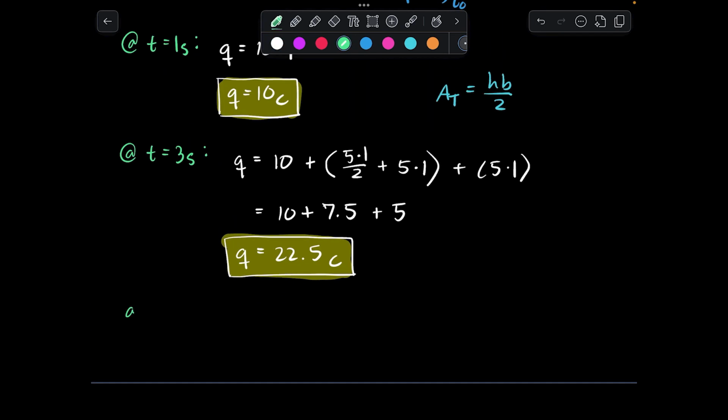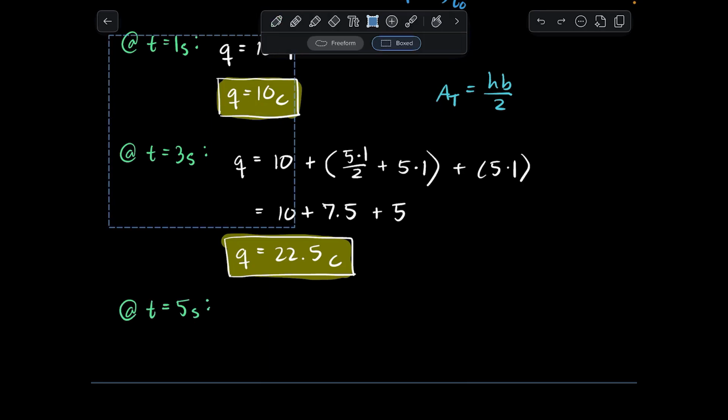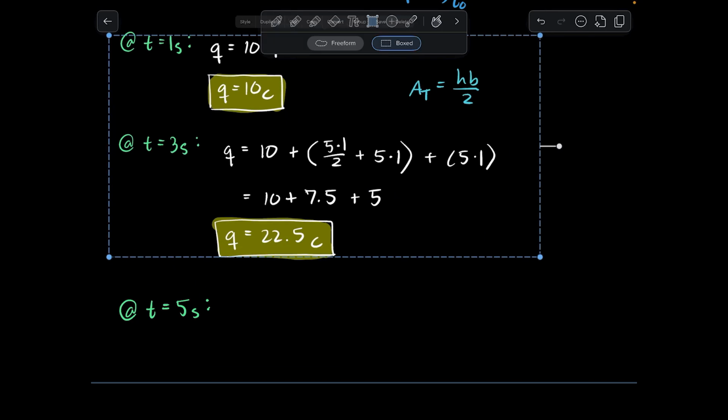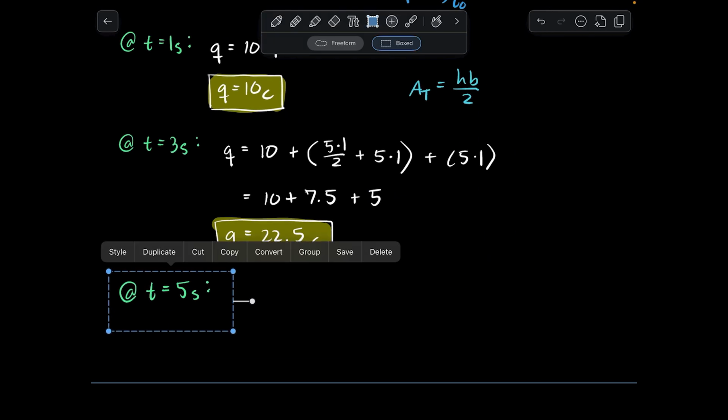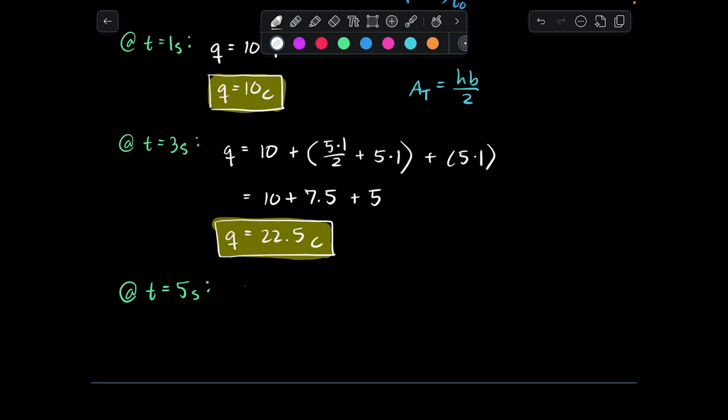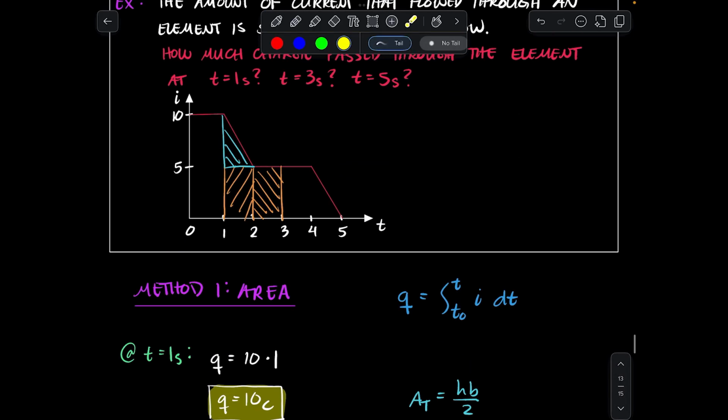Now let's solve for when time is at 5 seconds. Let's make this a little bit smaller, make some room. Okay, so here, charge is equivalent to, well, we already found this whole area between 0 and 3. So we'll just plug that in.